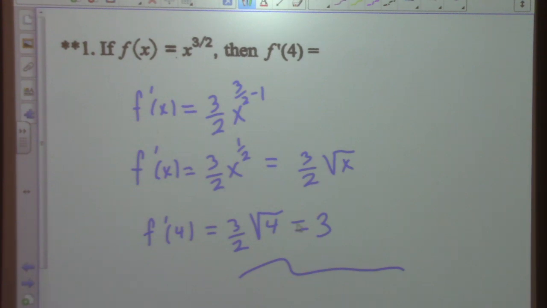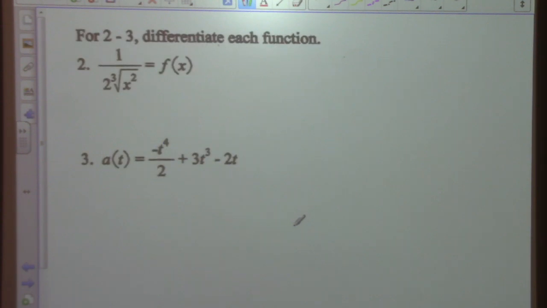Okay, let's go on here to differentiate each function. I want you to look at number 3 first. Go look at number 3 first. Number 2 has a little complexity.